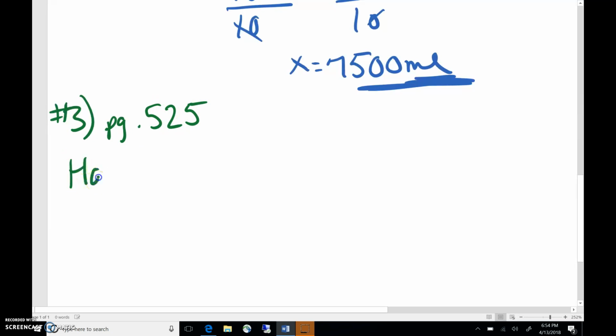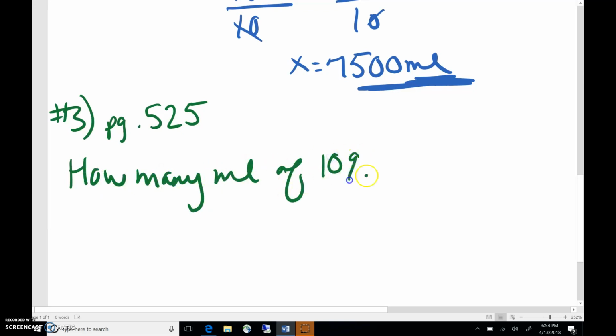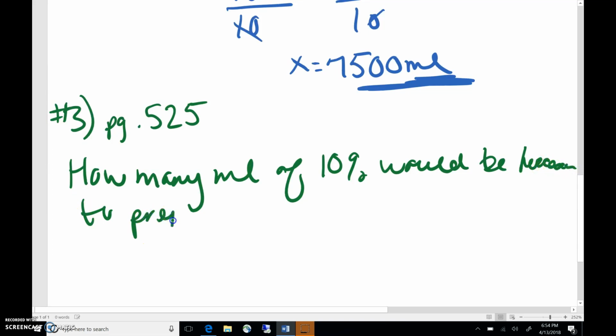They want to know how many milliliters of 10% methyl salicylic would be necessary to prepare 3 pints of 4% lotion.